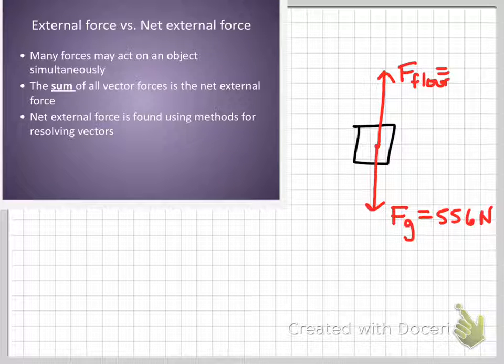Therefore, the force of the floor upward on the box has to be equal to gravity. Right now, on the y-axis alone, what's the net force on this object? 0. Because we've got 556 up, 556 down. It's not sinking through the floor. It's not rising into the air.